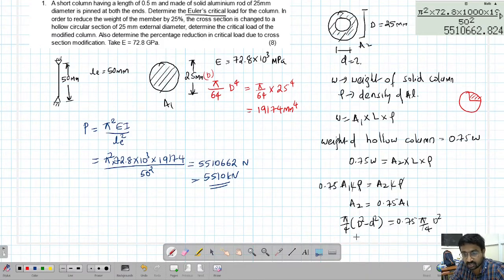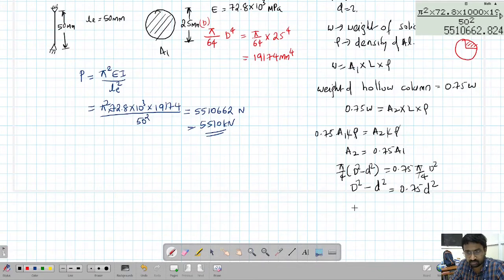What is remaining is D squared minus small d squared equals 0.75 D squared. This I will take this side and this I will take this side.